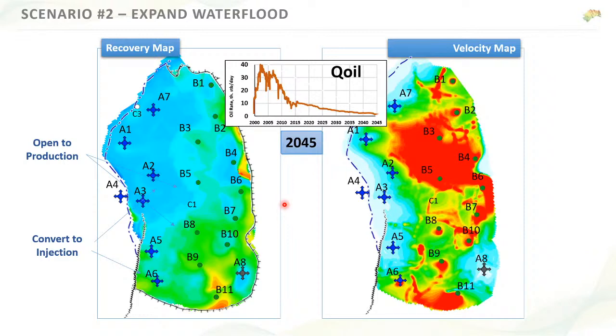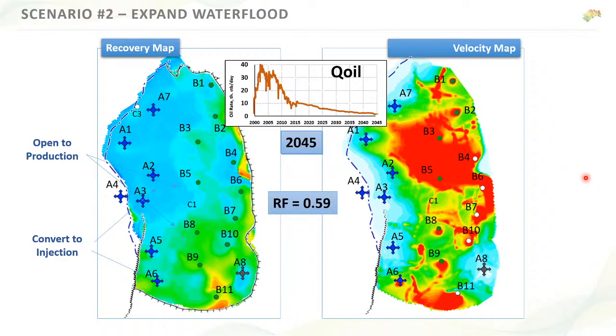So basically what we did was convert two of the producers to injectors, and some of the shut-in wells we opened to production. At the end of it, we get about 59% recovery as compared to the 53% of the first case, which was the NFA.